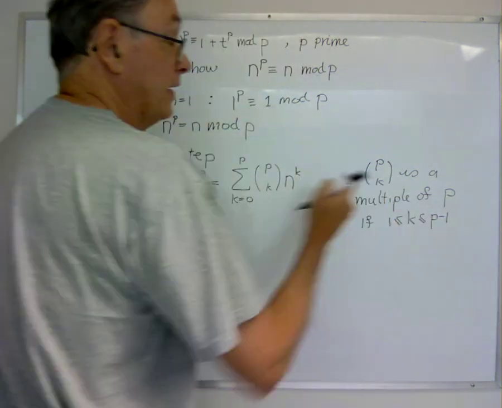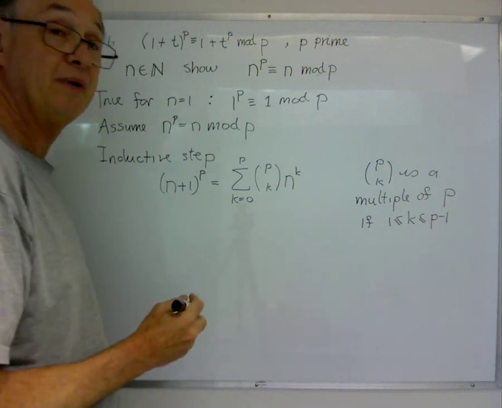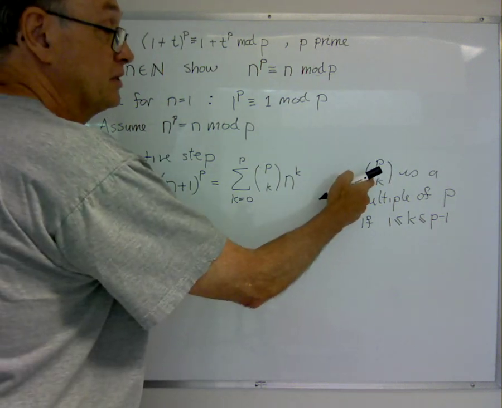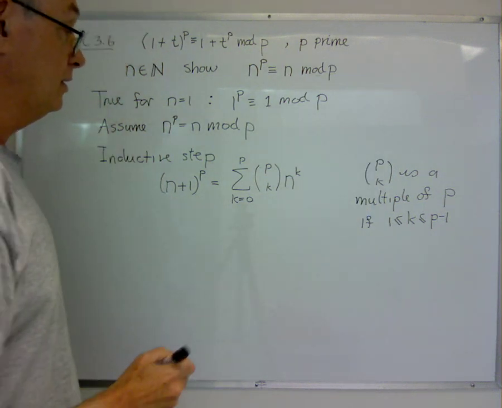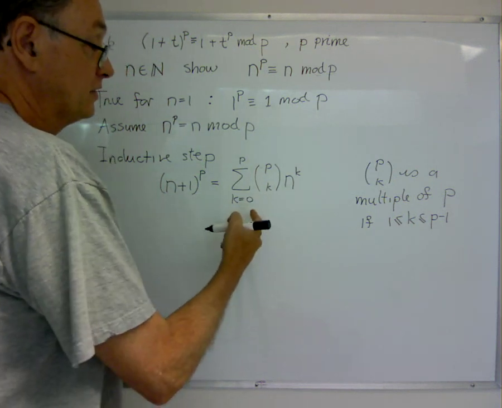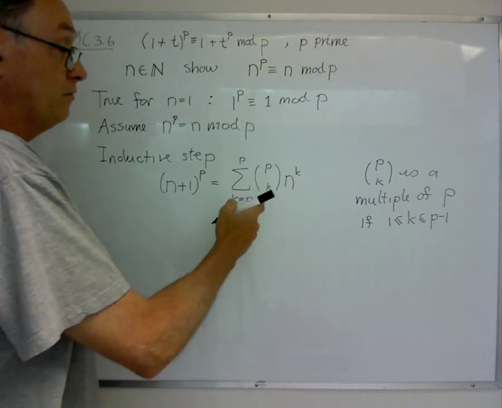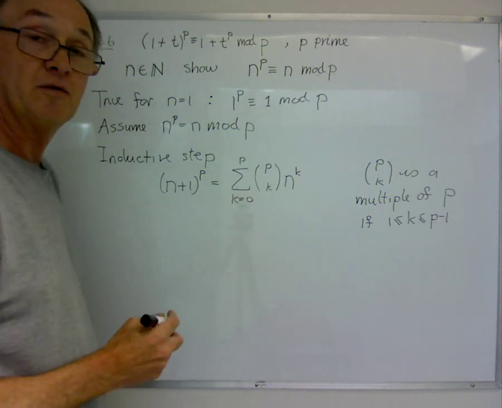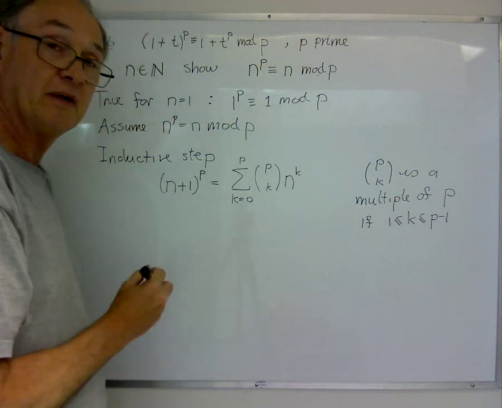It is only when k is equal to 0, when it's not a multiple of p, and when k is equal to p itself, because in those cases this binomial coefficient is just equal to 1. But if I look at this binomial expansion and I look at this mod p, then of course all the coefficients are equal to 0 mod p, because they are multiples of p, except for the first one and the last one.